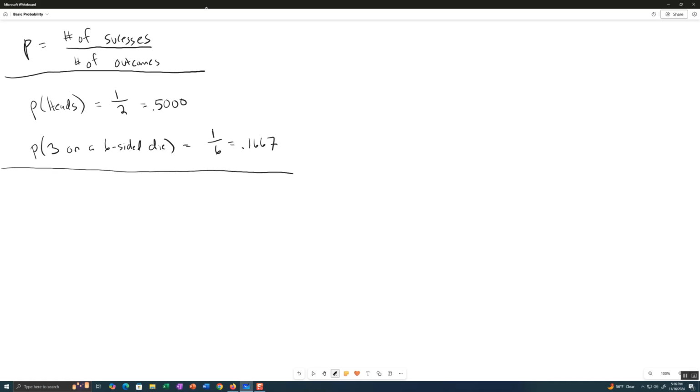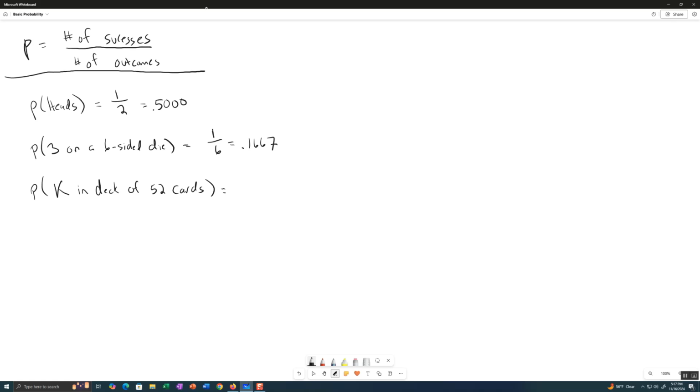Let's do one more for basic probability, because I want to talk a little bit about cards again. So the probability of getting a king in one draw. These are all one draws, by the way, right? A king in one draw of a deck of 52 cards. Well, we know that there are 4 kings.